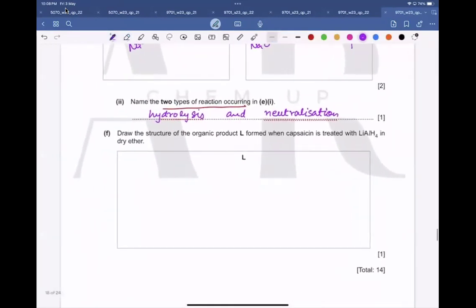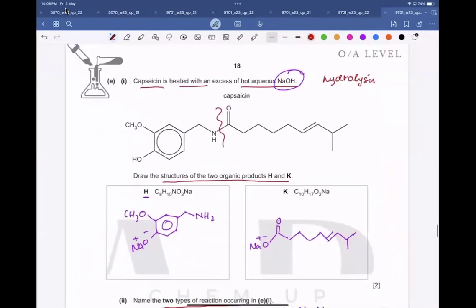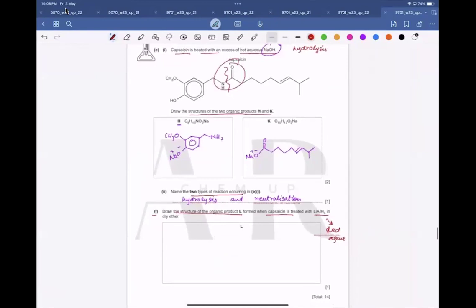Now, F part. Draw the structure of the organic compound L formed when capsaicin is treated with LiAlH4. So LiAlH4, if you recall, is a reducing agent and it reduces acids, amides, ketones and aldehydes. If you see, this is the capsaicin and here we have an amide.